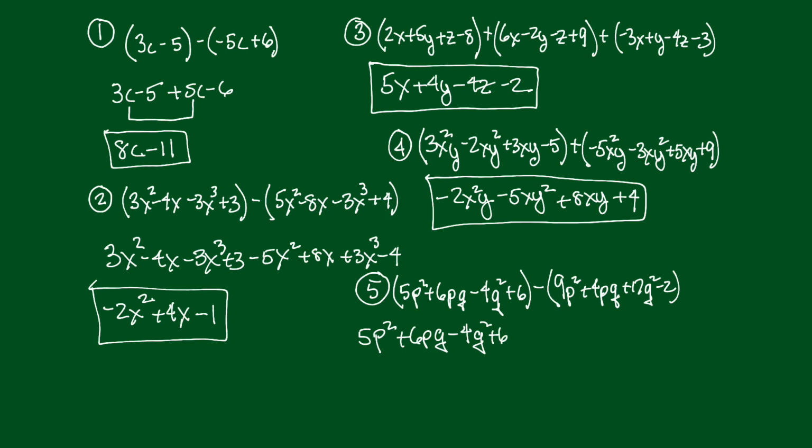Now in this set, when I remove it, I'm going to have to change every sign inside, right? Because this set is preceded by a minus sign. So let's just change all these signs. So we will get minus 9p squared minus 4pq minus 17q squared, and then a plus 2.